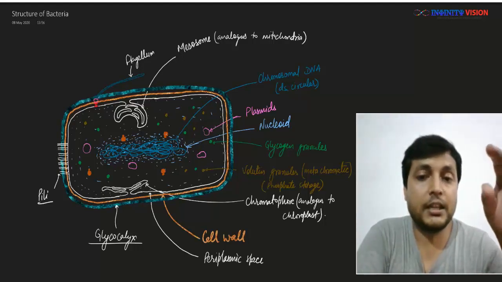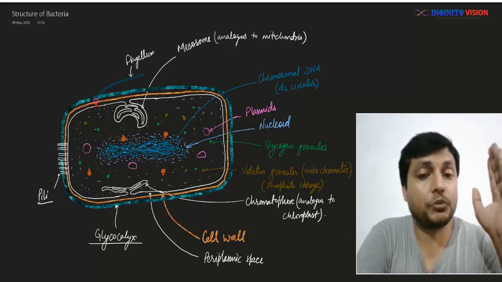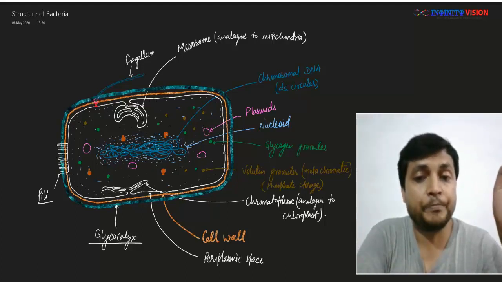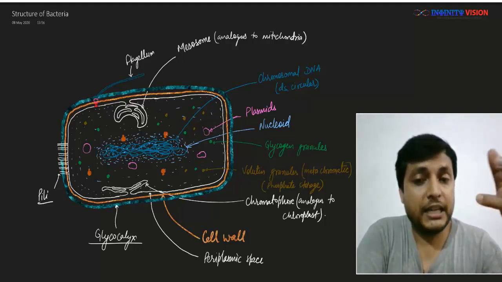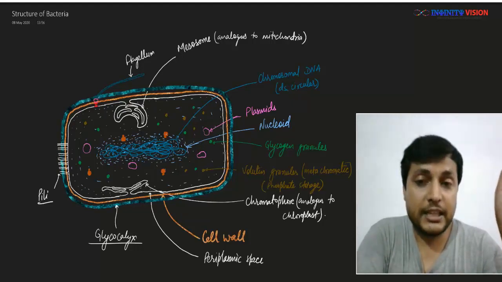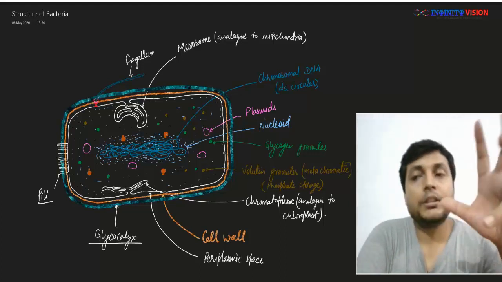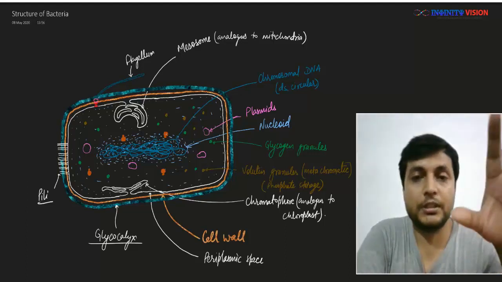Apart from this, there is some extrachromosomal DNA called plasmids. And in the cytoplasm we find some granules like glycogen granules, volutin granules, and 70S ribosomes. Great. So this is how the structure of bacteria appears.